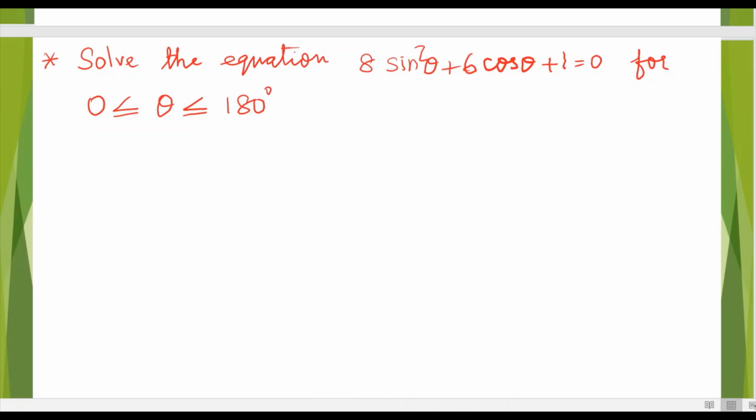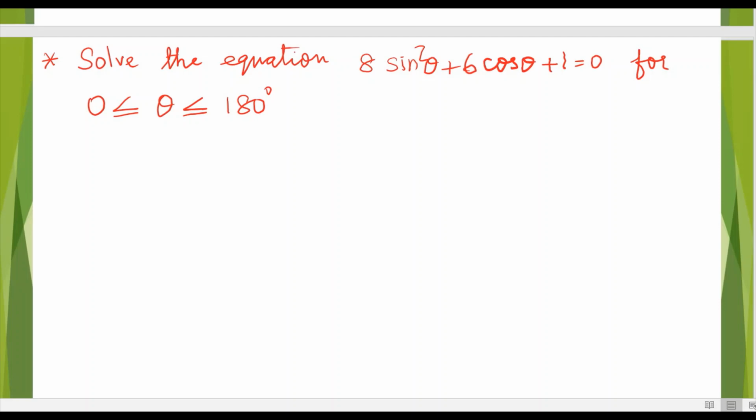The next question is solve the equation 8 sine square theta plus 6 cos theta plus 1 is equal to 0 for 0 less than or equal to theta less than or equal to 180 degrees. Okay, so first we have to convert everything into one function like sine theta or cos theta or tan theta.